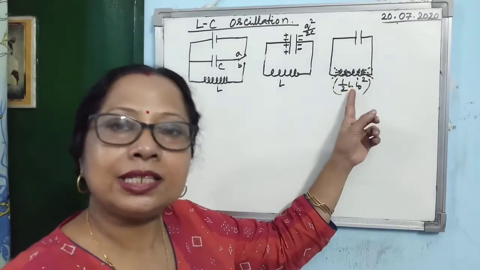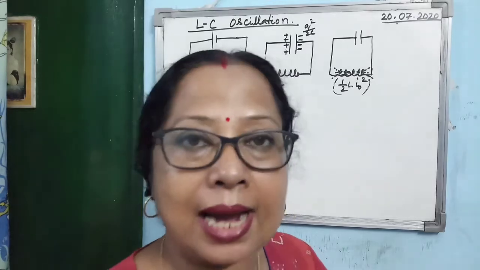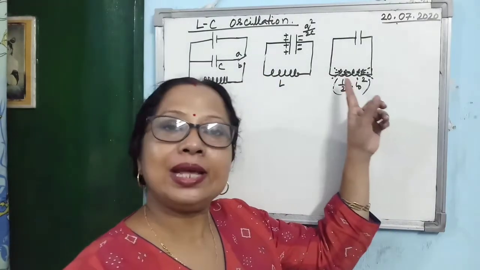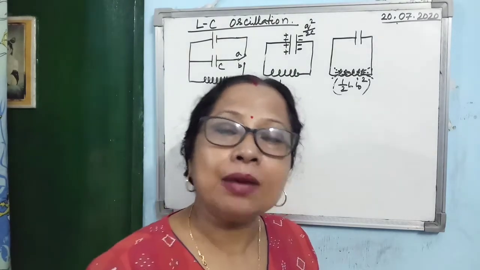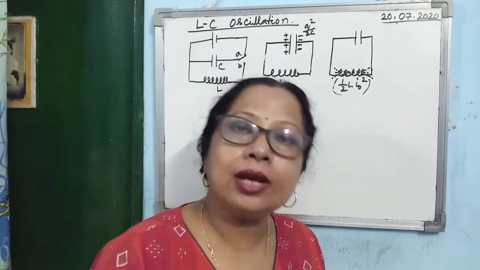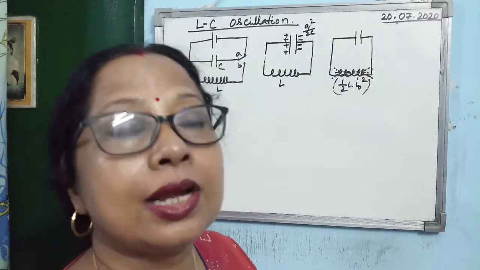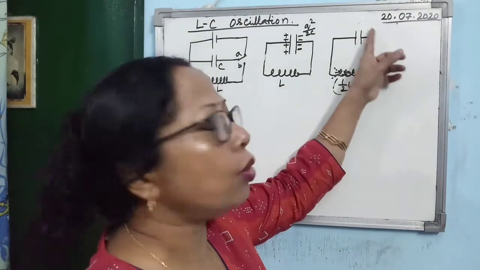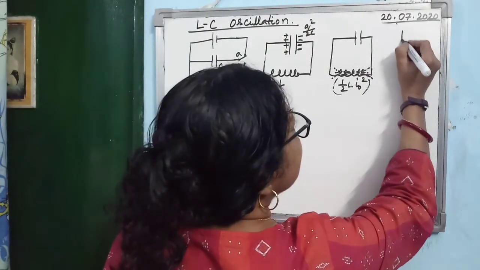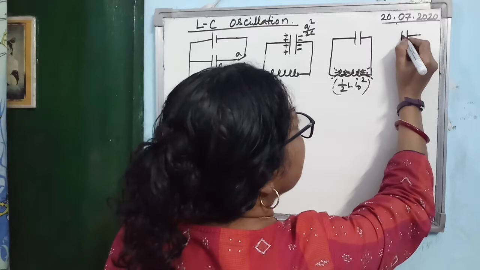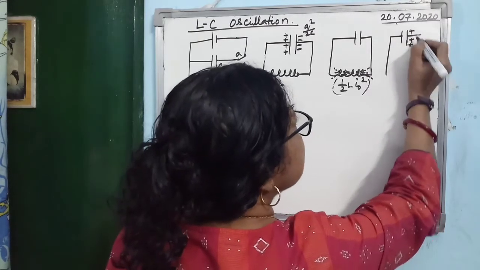Again the current will flow in the same direction for some time, but the magnetic field within the inductor will start dying down, and this dying magnetic field will produce an EMF in the same direction as the current, so the current will flow in the same direction, and as a result the capacitor will now get charged, but in the opposite direction.